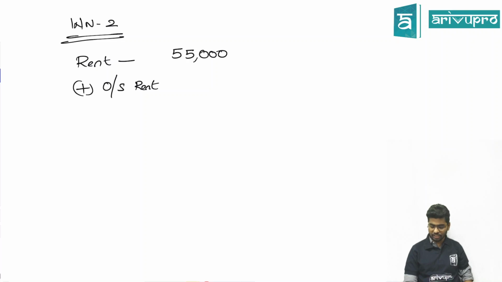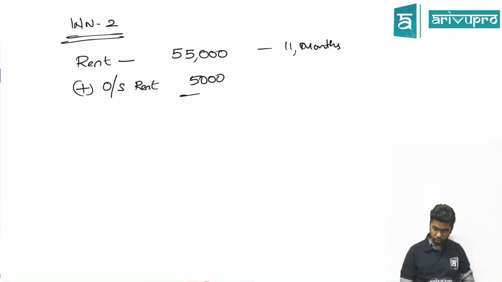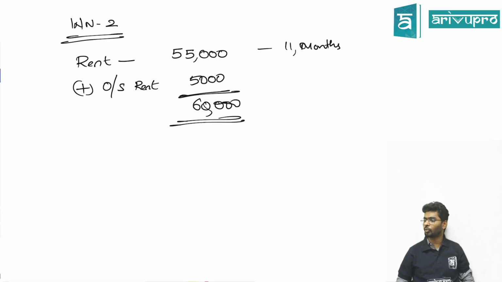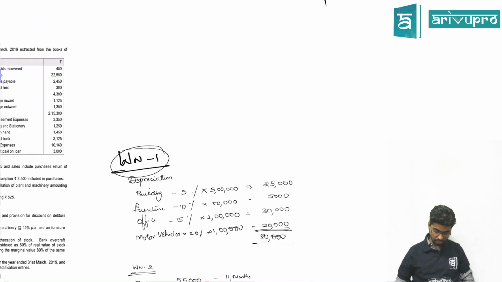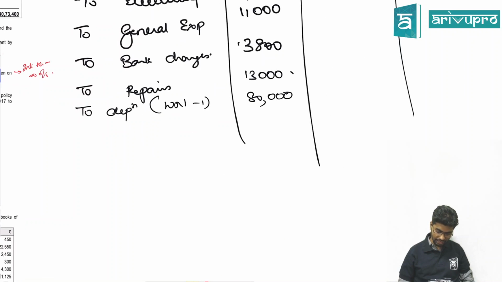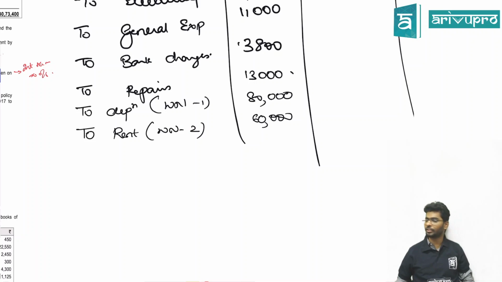If 55,000 is for 11 months, how much is it going to be for 1 month? 5,000. So total rent will be, this is my working note number 2. So again I'll come back to the question. I'll write to rent as per my working note 2, 60,000. Are you clear till here?